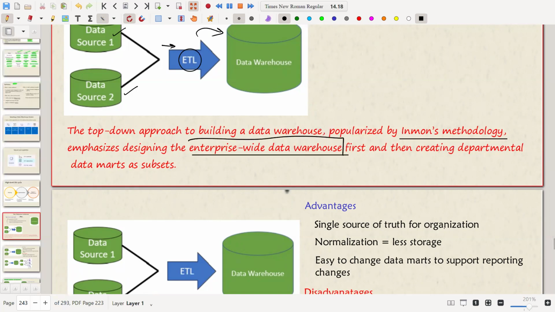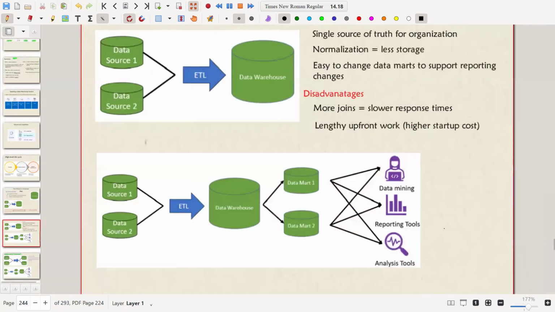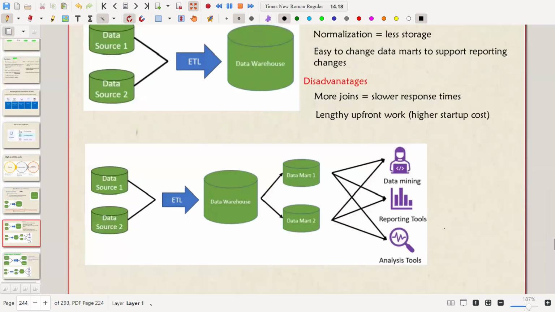If you have enterprise-wide data sources and data to analyze, then this is the approach you should be following, the top-down approach. Let us go back to the picture so that you can understand. Collect data from different sources, data source 1, data source 2, then apply the ETL transform: extract, transform, and load. After it enters the data warehouse, you split it into different data marts.